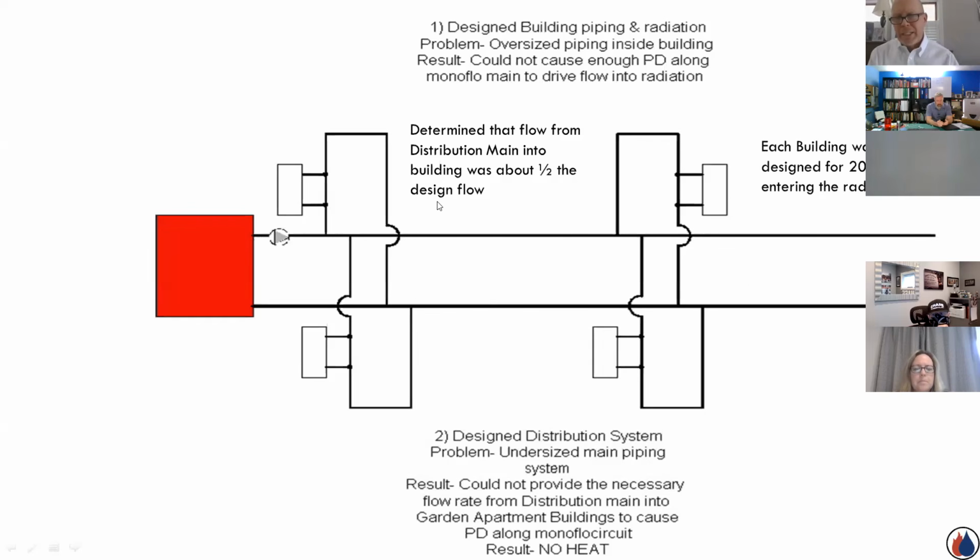And then he realizes that the terminal units are already installed, that everything's been designed, and the radiation was looking for an average water temperature around 200 degrees. Based on a 20 degree delta T, you'd have a return temp of about 180 coming back from each building. So that's what was designed. And then the problem was the system could only provide about half of the design flow rate. And this is what he's wrestling with.